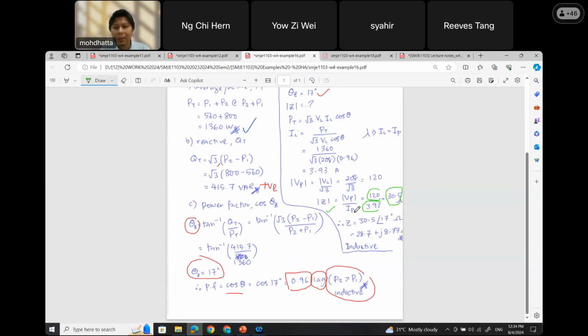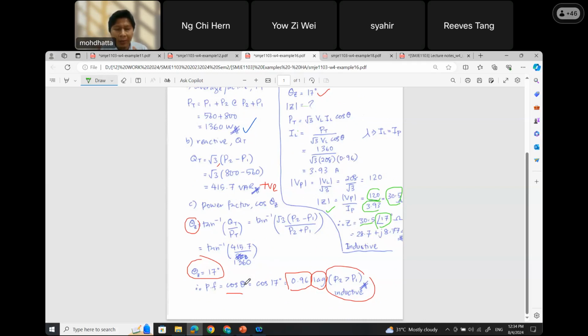Now, when you try to give your answer, you must provide both magnitude and also the angle. The angle we didn't calculate over here. We had already calculated it earlier when we calculated our power factor.